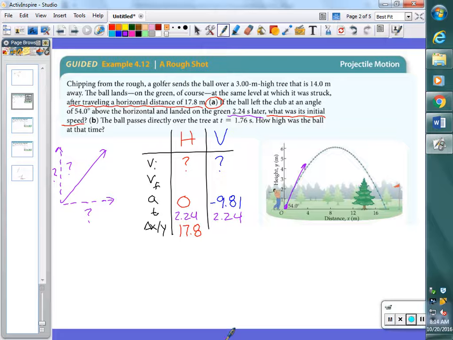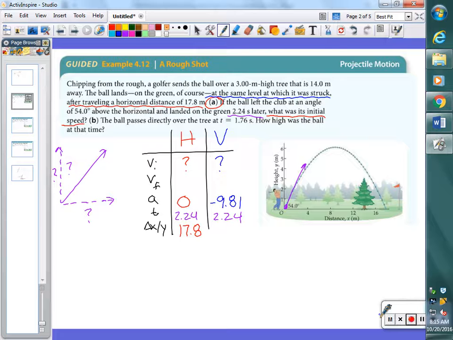Okay. What does it tell you about where the ball lands? The same plane that it started on, right? Even though it's traveled horizontally 17.8 meters, if it says at the same level at which it was struck, it goes up and it comes back down vertically, it's exactly where it started.